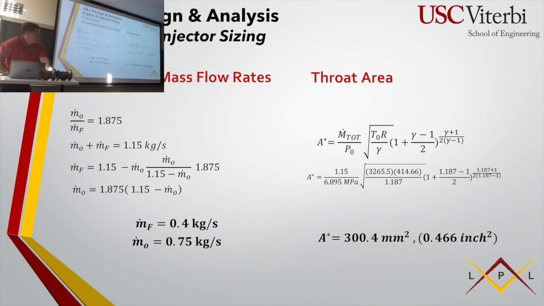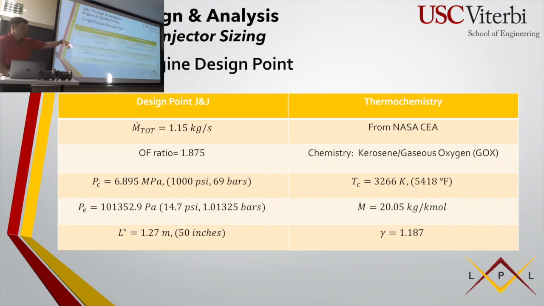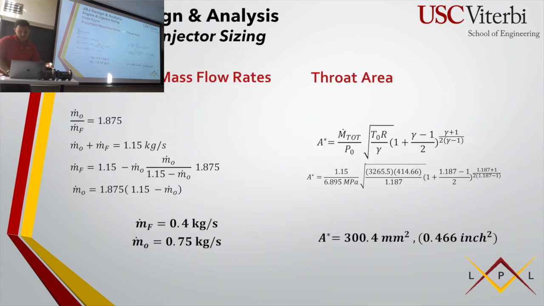R is just a property of your M bar. NASA CEA gives you an M bar of 20, and if we take the universal gas constant, which is like 8314, and divide it by that, that's what we get. So this is just a function of the fluid, which we got from NASA CEA. This is also from NASA CEA, and that's it.